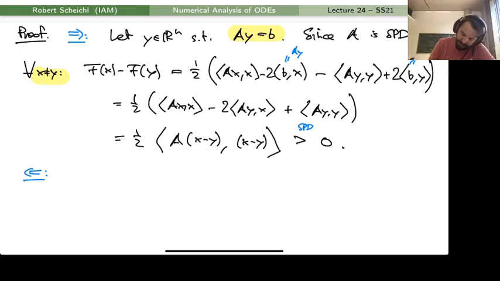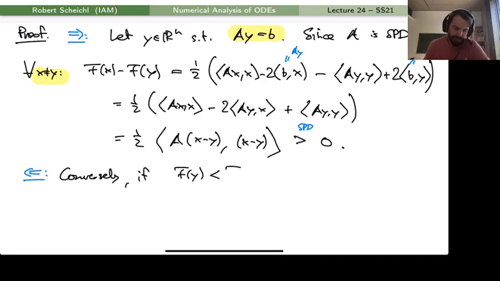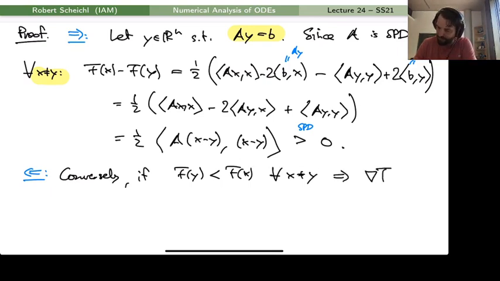So now let's look at the other direction. Conversely, if f of y is strictly less than f of x for all x not equal to y, then it follows necessarily that the gradient of f at y, the first order optimality condition, is equal to 0.